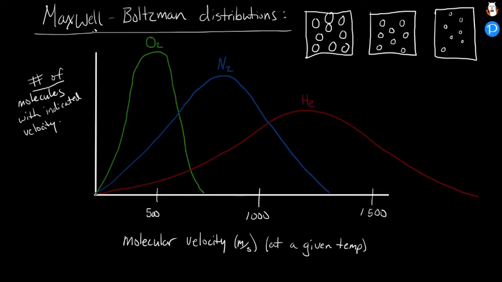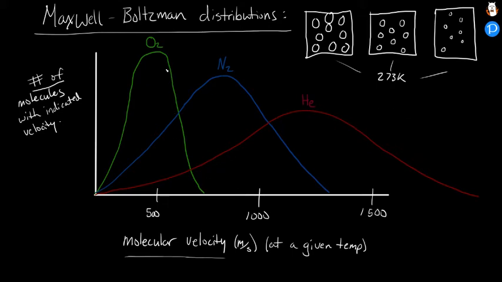What this Maxwell-Boltzmann distribution is showing, again, is a distribution of the velocities and how many of those particles have that velocity at a given temperature. So let's say all of these are at 273 Kelvin, okay?